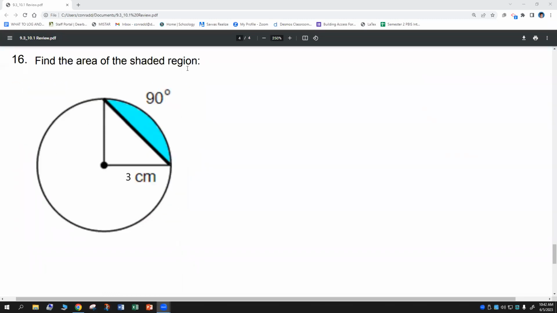Okay, the next one, find the area of the shaded region. So we want to find the area of that blue region. So what we're going to have to do is find the area of all of this sector. Okay, so sector area is going to equal 90 over 360 times pi times the radius, which is 3 squared.